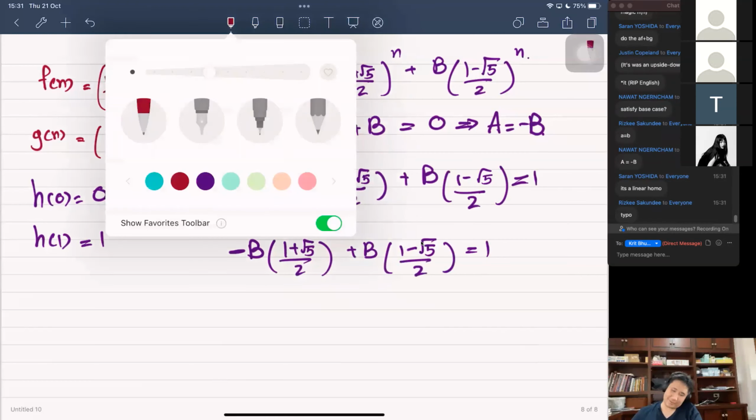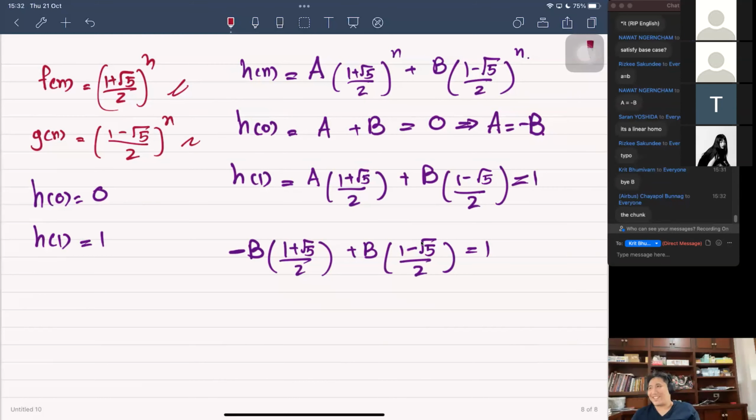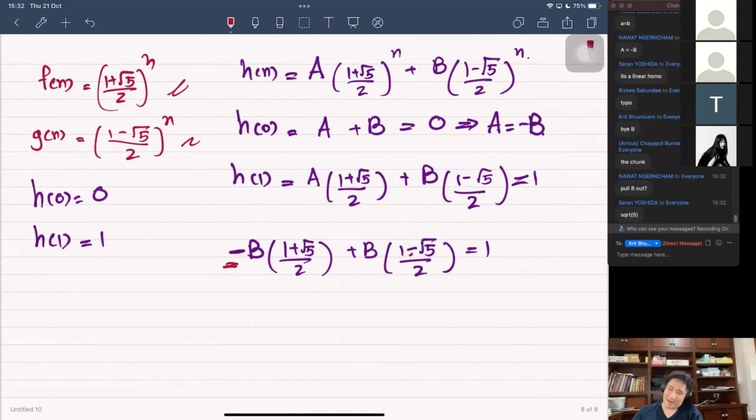You need to expand it a little bit so you see which one cancels out. Bye bye b? No, no, you've got to solve for b. If b is gone, then we're screwed. We want to solve for b. They don't really cancel, right? There's a minus sign over here and a minus sign over there. Pull b out? Not a bad idea. I can pull b out if that makes you happy.